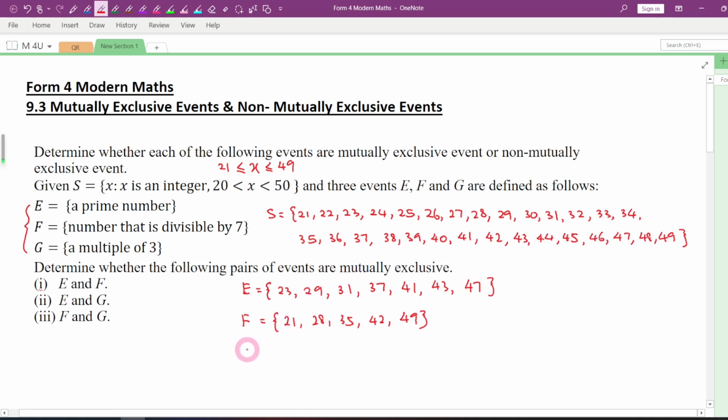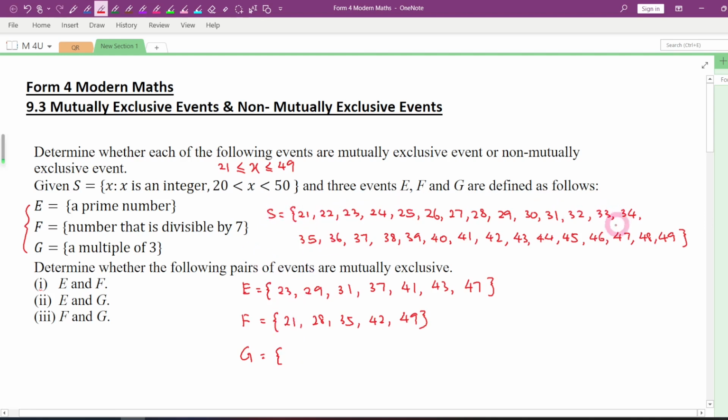Now let's go to the last one, set G, a multiple of 3. So same thing, we have to choose from here. We cannot write 3, 9, 12, all these numbers we cannot write because sample space does not have those numbers.